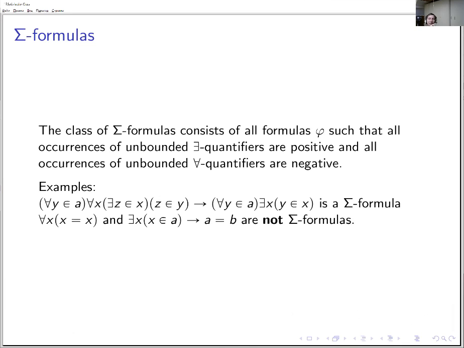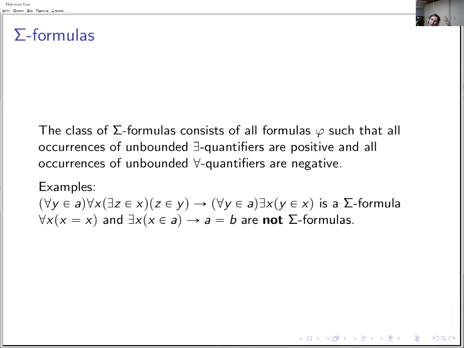Sigma formulas allow arbitrary propositional connectives and arbitrary bounded quantifiers. However, for unbounded quantifiers, in positive positions we are allowed only existential quantifiers, and in negative positions only universal quantifiers. So in a sense, this is a generalization of sigma 1.